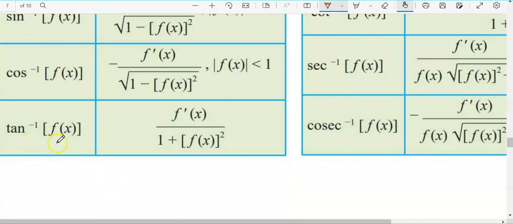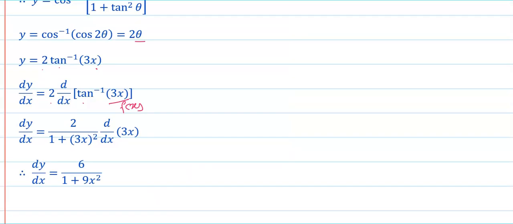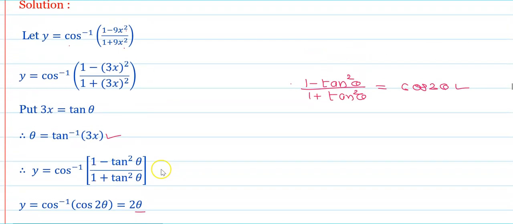Derivative of tan inverse of f of x is f dash of x upon 1 plus f of x bracket square. Similarly here, the derivative of tan inverse of 3x is 1 upon whatever that angle is, squared, into d by dx of 3x, which is 3. 3 into 2 is 6, and hence dy by dx is equal to 6 upon 1 plus 9x square. This is the answer.